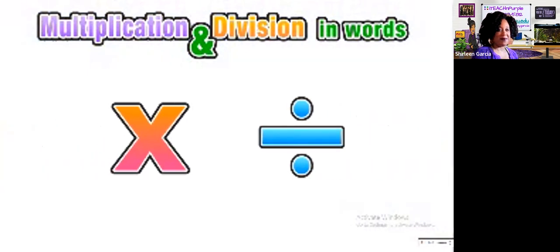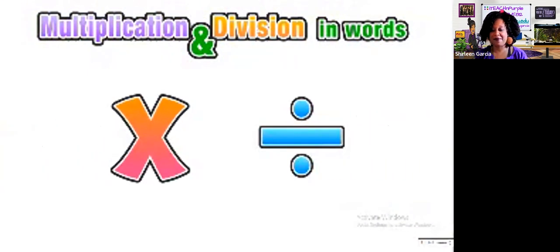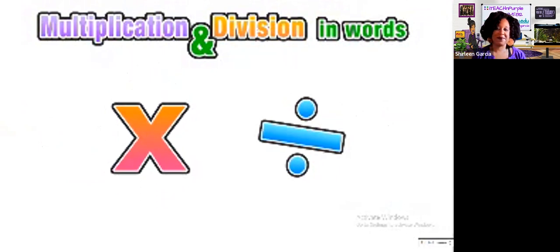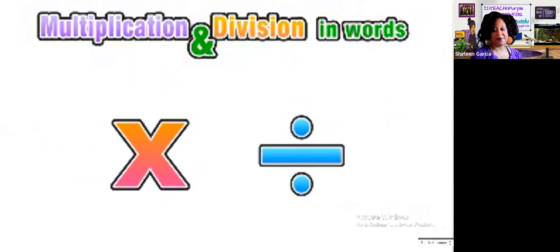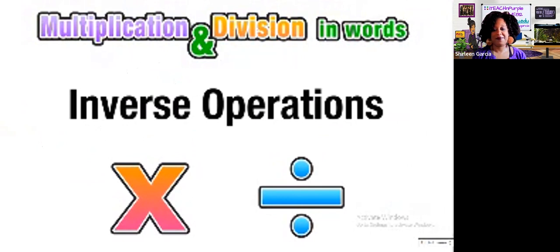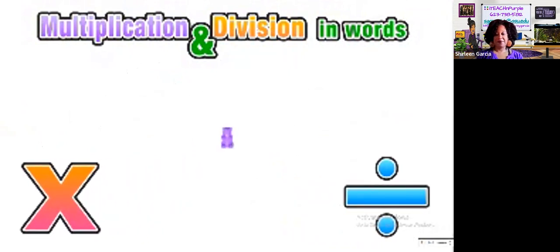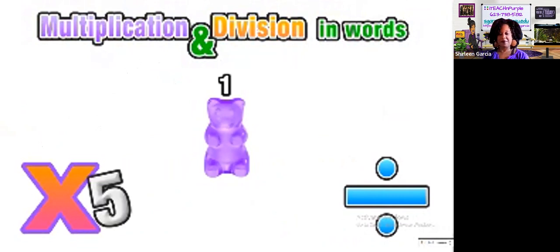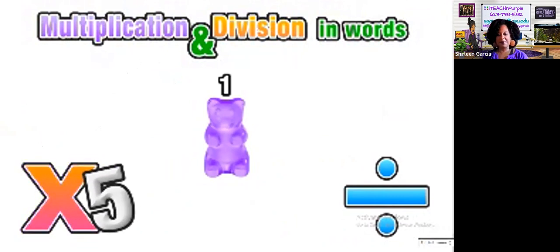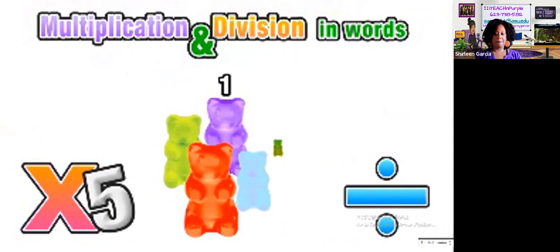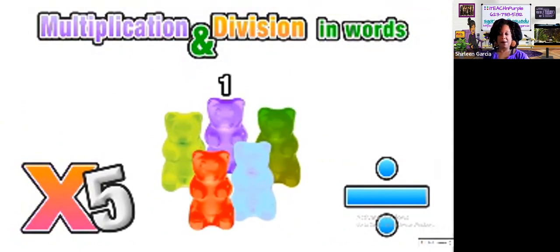We can think of multiplication and division as opposites. More specifically, in math, we call them inverse operations. Think of it this way. If you have one gummy bear, and you were to multiply that one gummy bear by 5, you would have 5 gummy bears, since 1 times 5 is equal to 5.